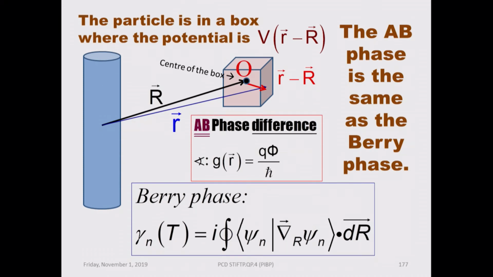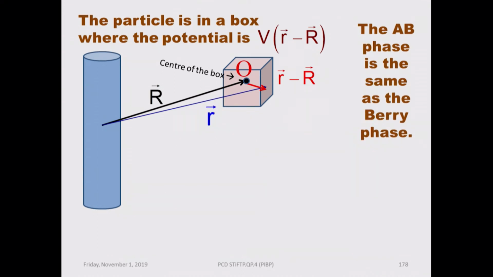So, we will have to take the wave function, take its gradient, right, and then determine this integral which you see in the expression for the Berry phase, and we hope to discover that it will turn out to be the same as the Aharonov-Bohm phase, which is q phi over h cross. So, let us see what happens.